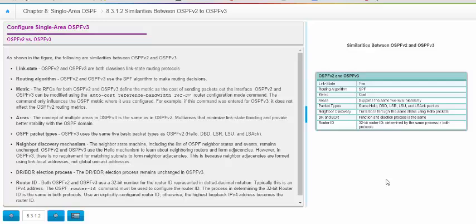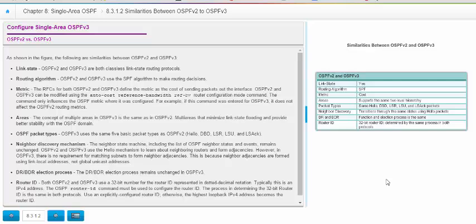With areas, the concept of multiple areas in version 3 is the same as in version 2, and multiple areas minimize link state flooding and provide better stability within OSPF domains. Your OSPF packet types: version 3 uses the same 5 basic packet types as version 2.